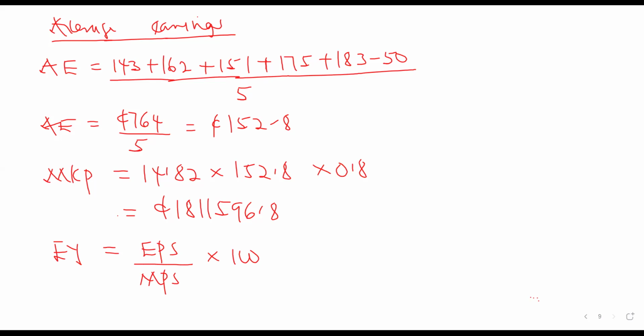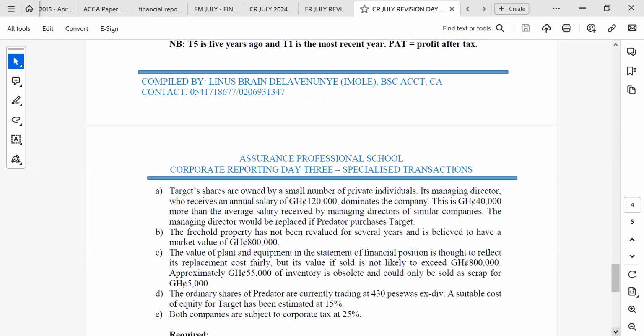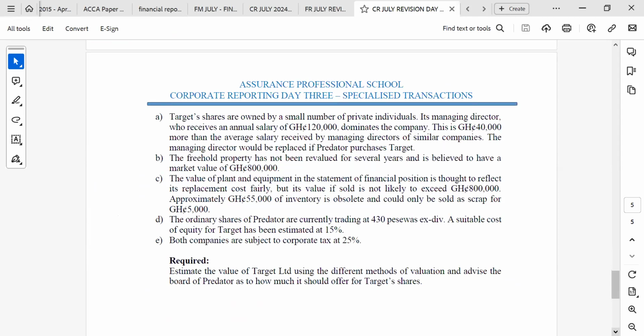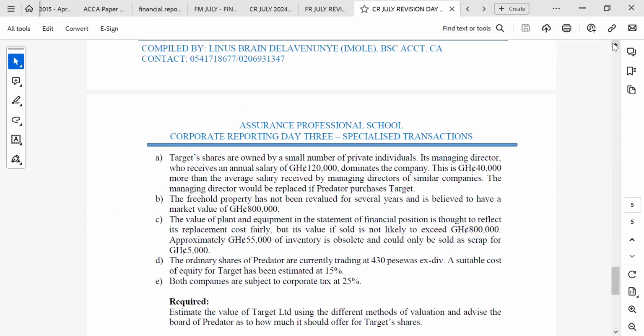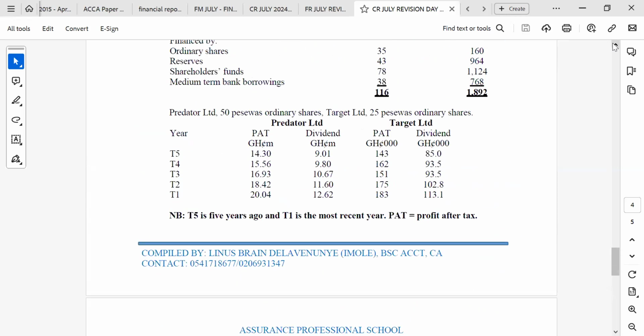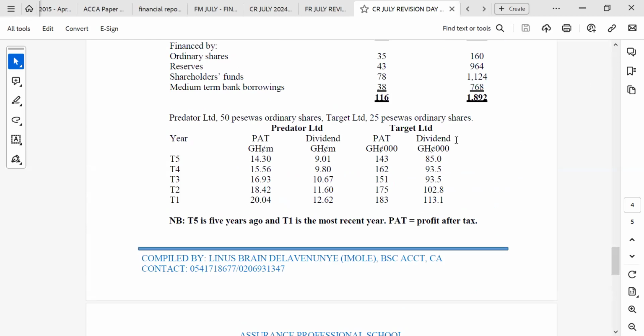Okay, you have a point there. Both companies are subject to a corporate tax at 25%. After adjusting for that, you see they have already charged tax on this profit.